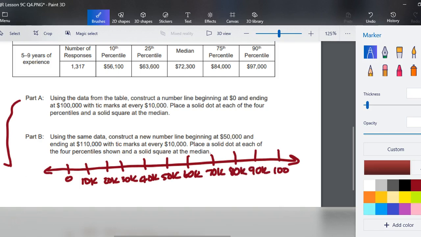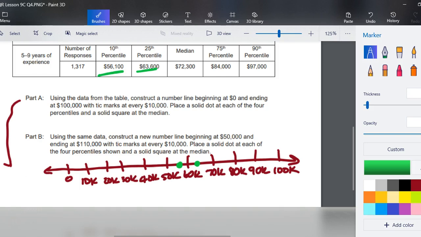Again, pause if you haven't already done this. It asks us to go ahead and place a solid dot at each of the 4 percentiles. So let's do a solid dot at each of the 4 percentiles. We've got 56,1, so about right here. 63,6, so somewhere about right there.